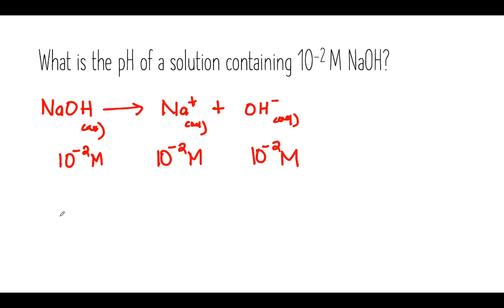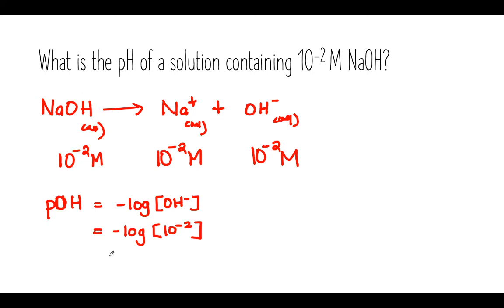So if I were to try and find out the pH, I wouldn't be able to do it because I don't know the concentration of H+ ions. However, what I can do is solve for the pOH. And pOH is equal to the negative log of the concentration of OH minus, which I know in this case. So negative log of 10 to the power of negative 2 is going to be 2.0.